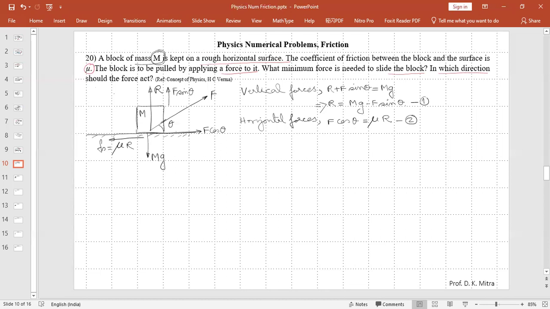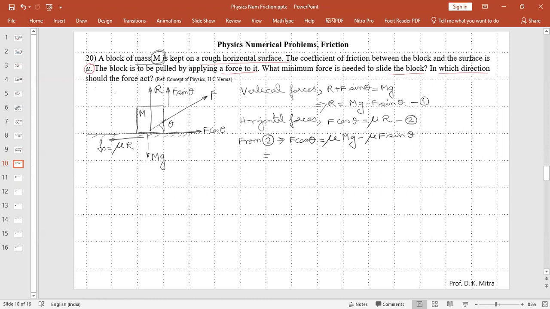So from equation 2, we get F cos theta is equal to mu R. R is given as Mg minus F sin theta. So it is mu Mg minus mu F sin theta.